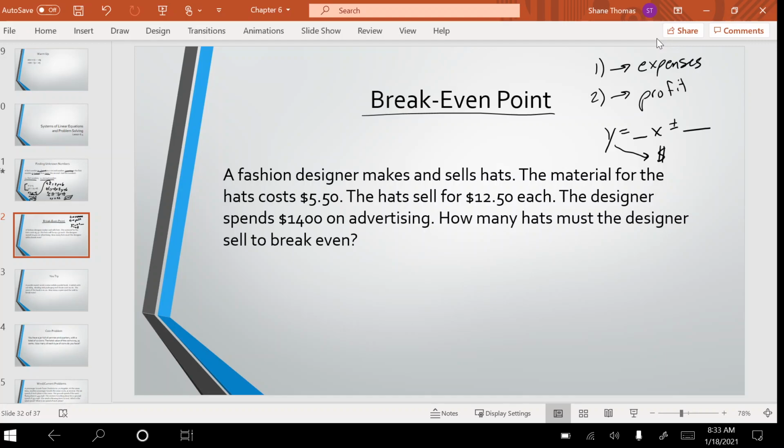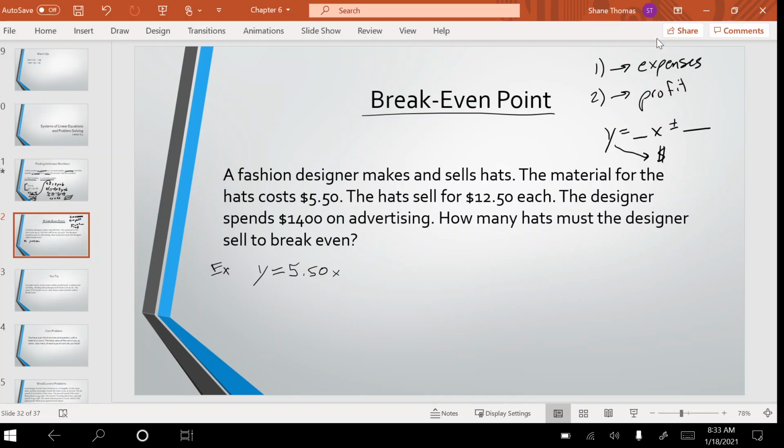So first off, let's do one for expenses. So my expenses equation, y equals, how much does it cost me to make each hat? $5.50. Good. So it cost me $5.50 for the material to make each hat, and that would be times x. X is the number of hats. Okay?